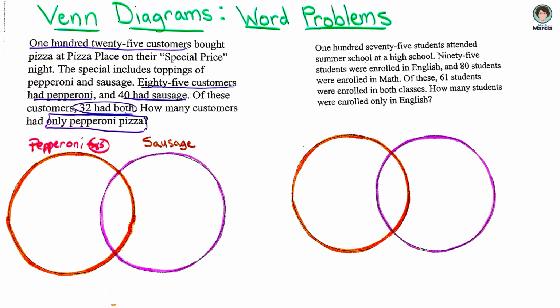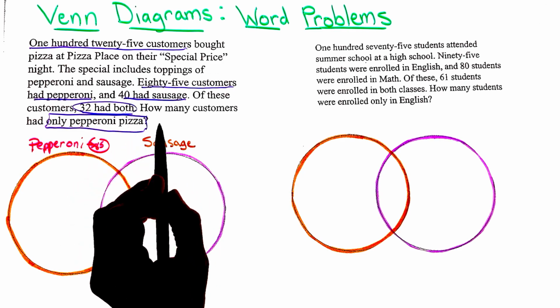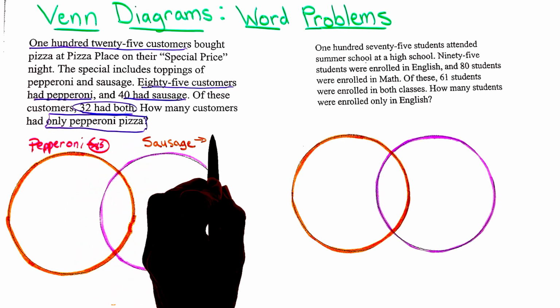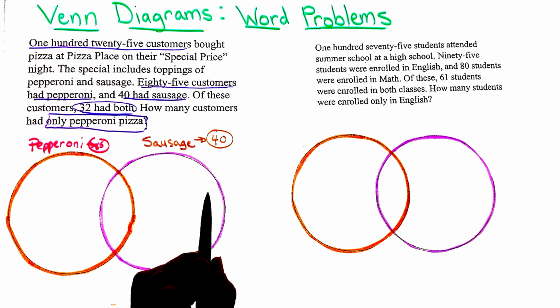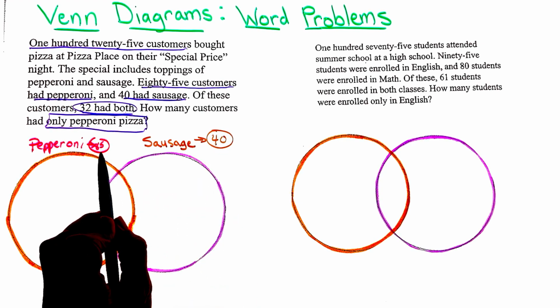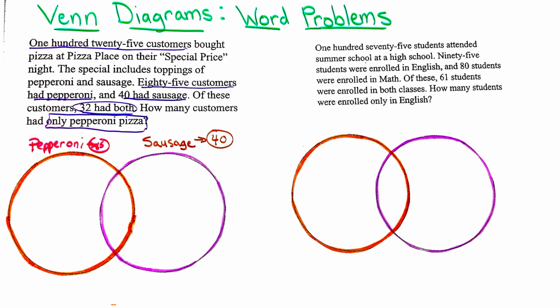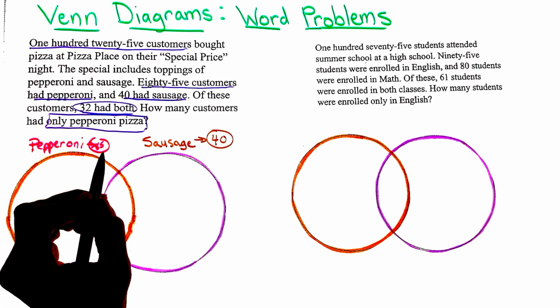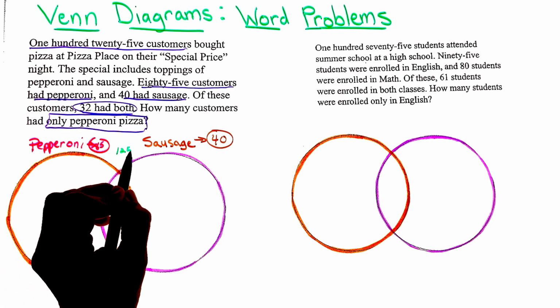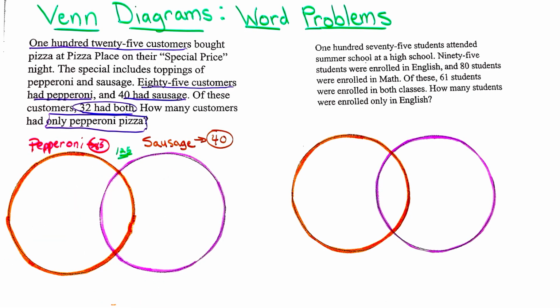For sausage, I am going to go ahead and write down, because it said 40 had sausage. We know that 40 had sausage. Well, if you look at that 85 plus 40, we do get our total of 125 customers. So these two numbers should total 125, and they do.